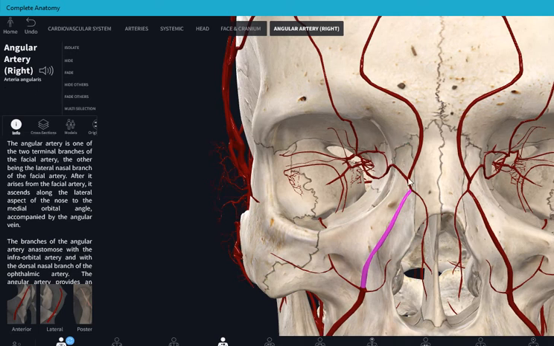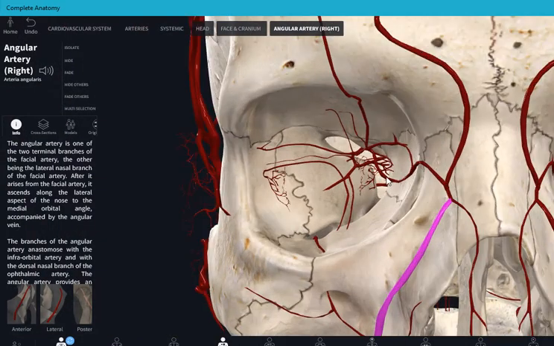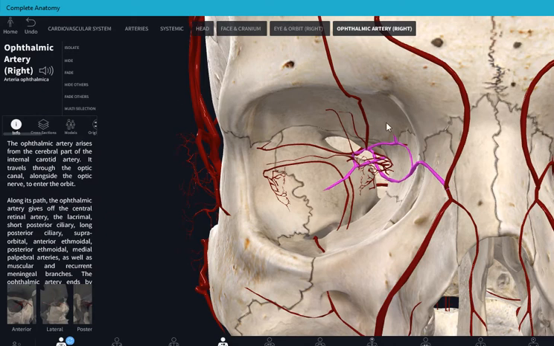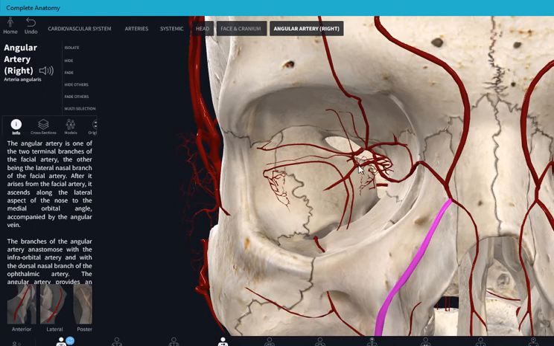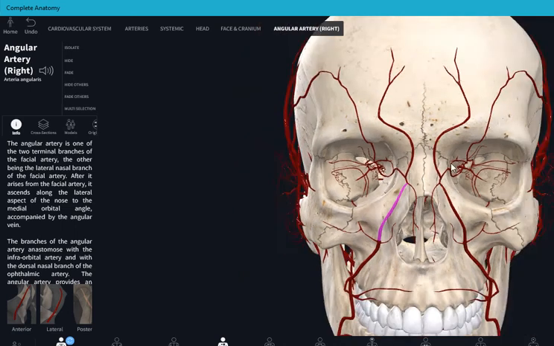This artery is the anastomotic portion which enters. When you visualize much more inside, this artery here is the ophthalmic artery. At this portion, it's going to anastomose with the ophthalmic artery, so that if there is any lesion on the ophthalmic artery, the eye should still be supplied with blood vessels.